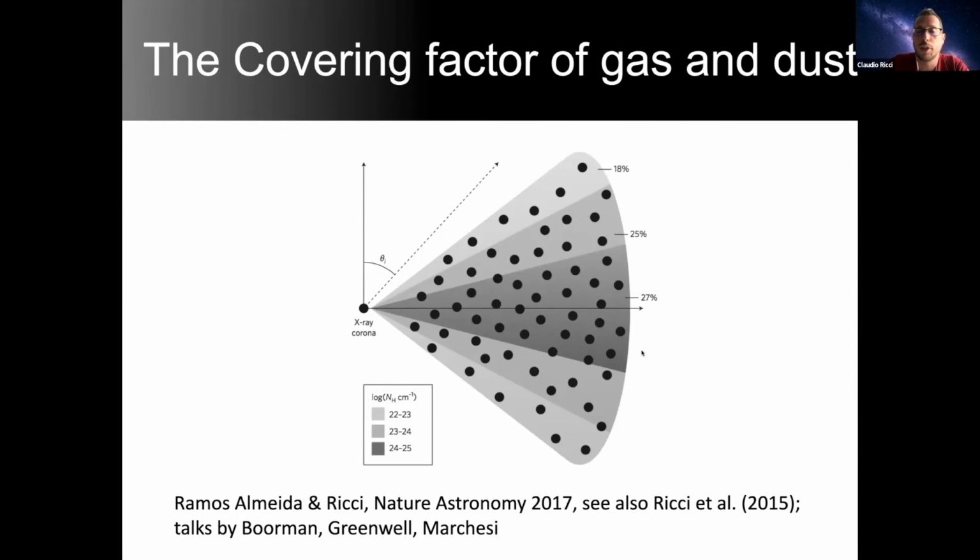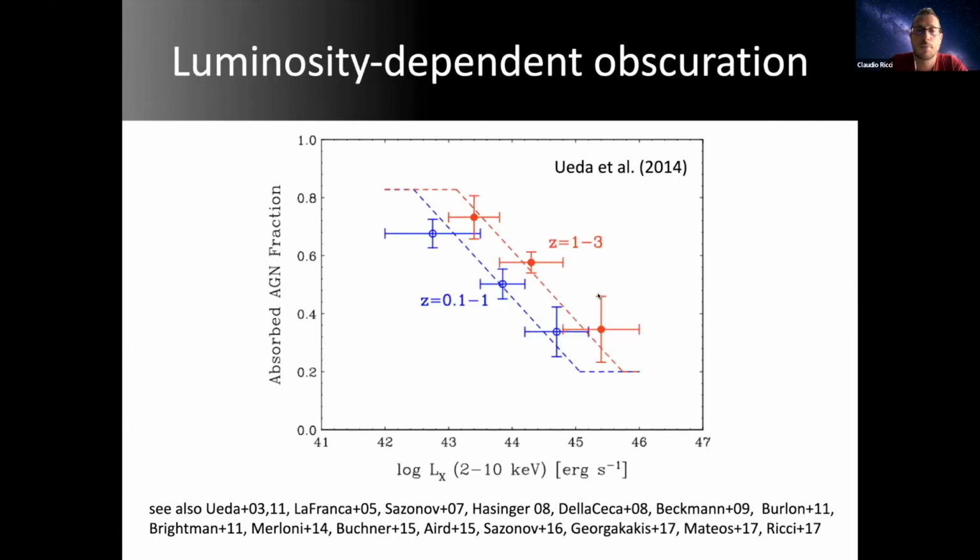So we have very good constraints now on the fraction of Compton thick sources. And this is something Peter Boorman also discussed, finding results that I think are in rather good agreement with what was found also for other surveys.